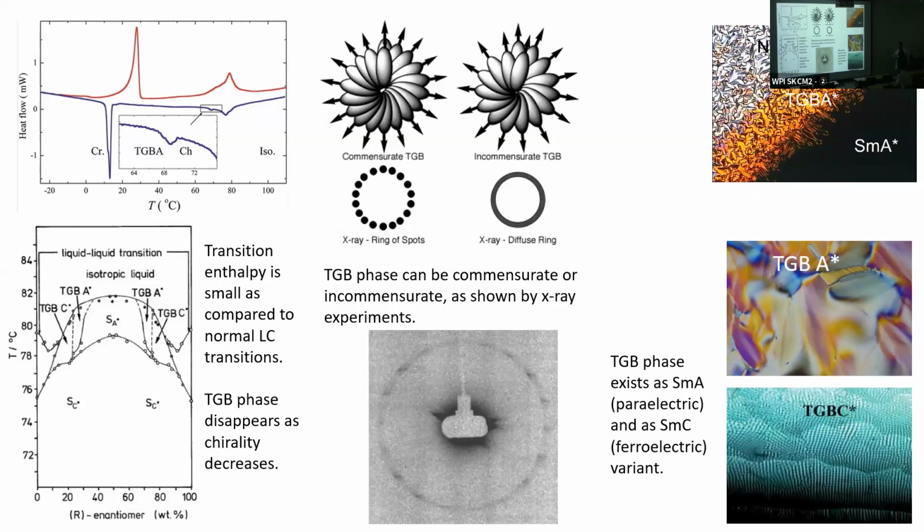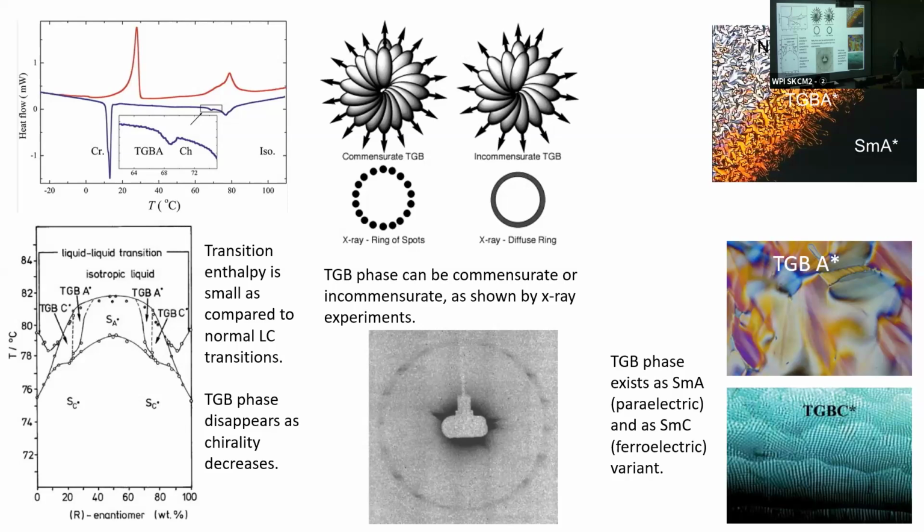And this is an example here from an X-ray study by Laurence Navailles, who looked at a commensurate TGB phase. And you see all these little dots here that you would expect. I think it's about 18 or so on this spot, which gives you the dimensions of the blocks and things like that you can calculate from that.